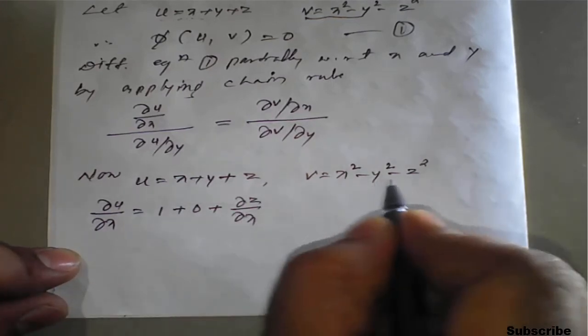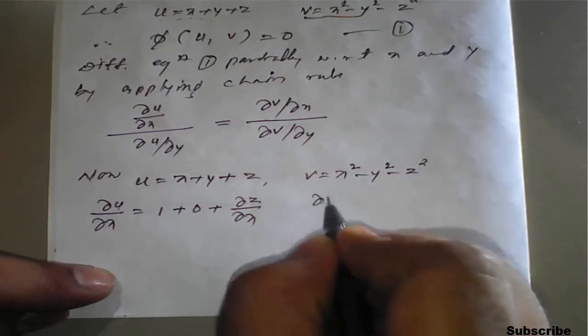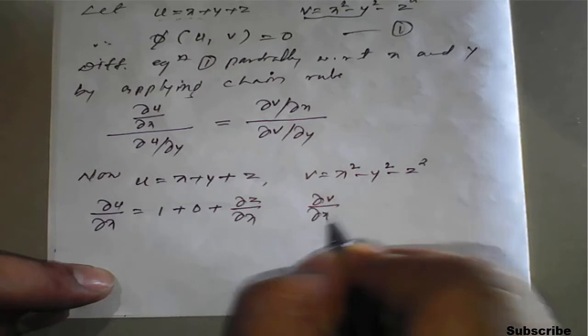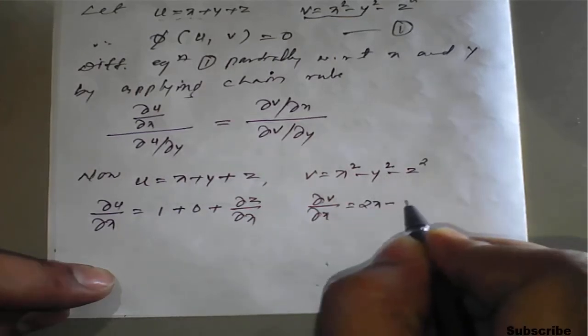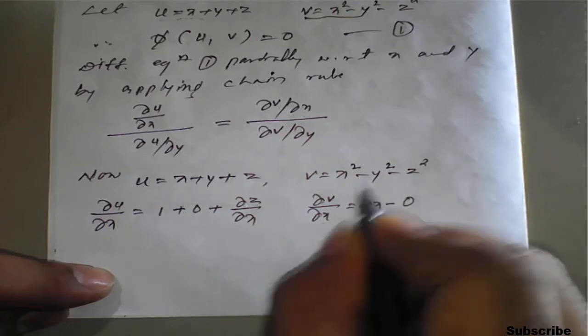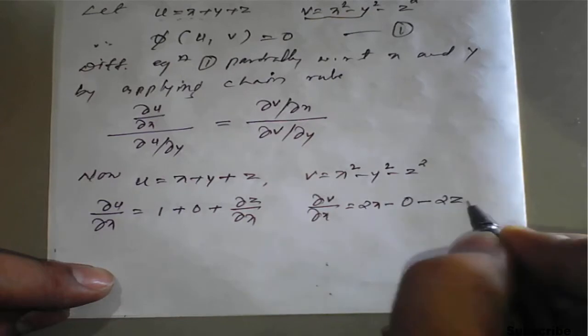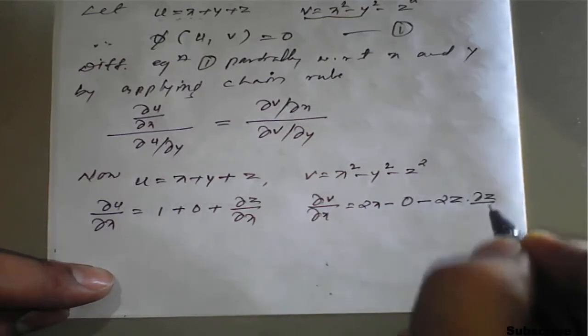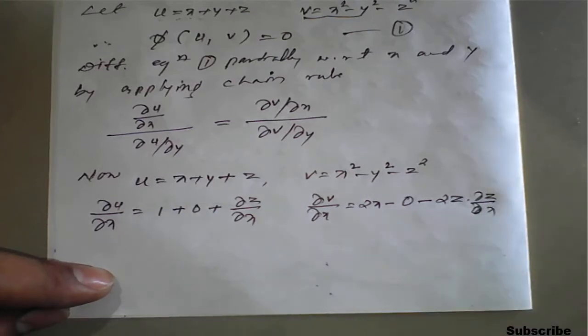Similarly, when you go for v partially with respect to x, it will become dou v by dou x is equal to, x square will become 2x, y square will become 0, because we are doing partial derivative, but z is a function, it will become 2z into dou z upon dou x.